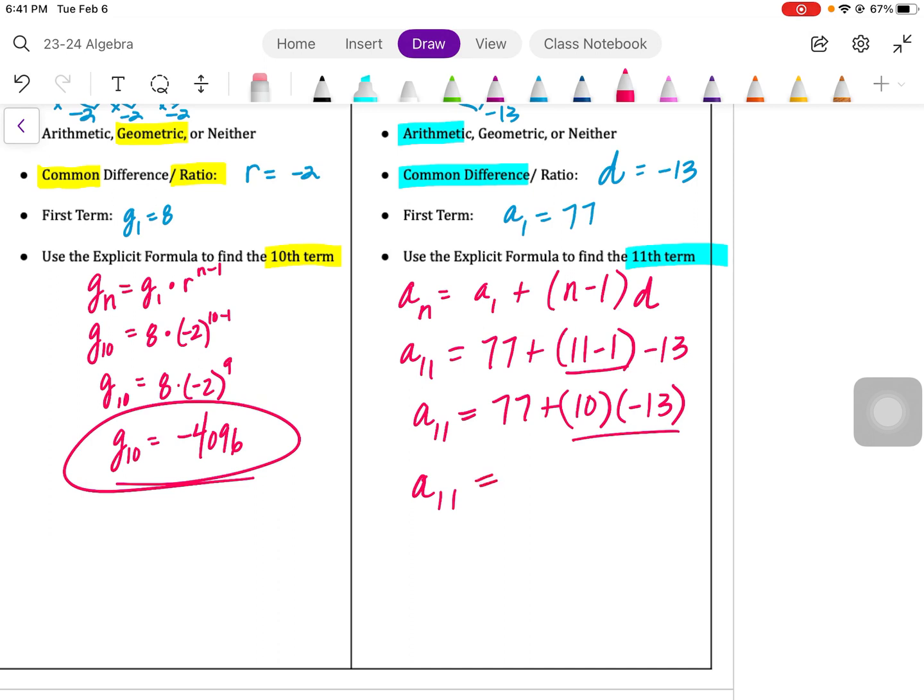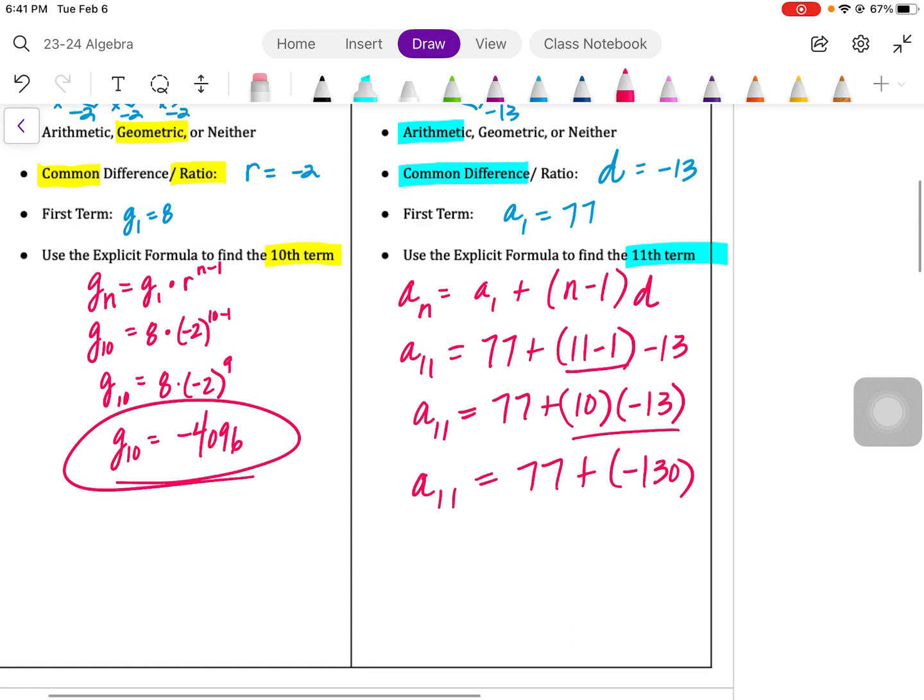So a sub 11 equals 77, and then that gives us plus, actually I could do minus, negative 130. Let me fix that. Okay, and then if I do negative 130 plus 77, we get negative 53. So our 11th term is negative 53.